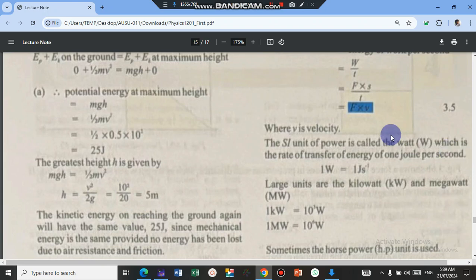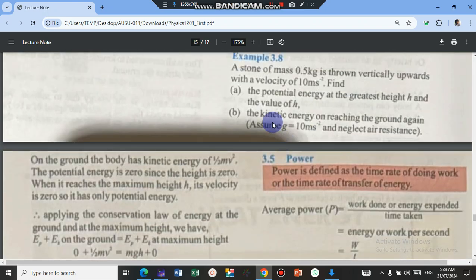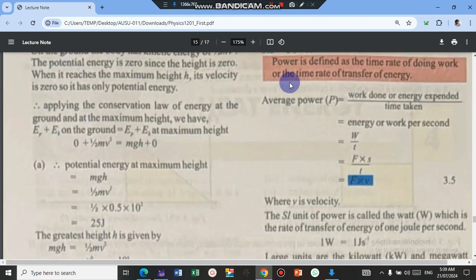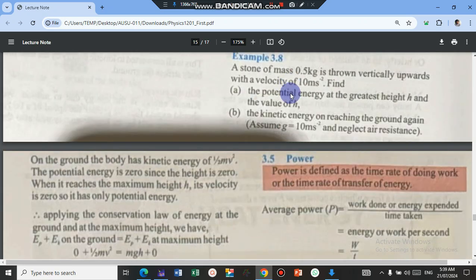Okay, then what they said in B is we should get the kinetic energy on reaching the ground again. Well, from the beginning, at the point of throw, it has kinetic energy, and that kinetic energy we got as 25 joules. Upon reaching the maximum height, all the energy is converted to potential energy. When it comes back to that point again, the potential energy is reconverted back to the kinetic energy.